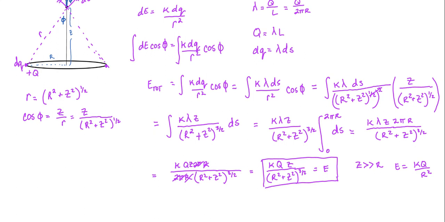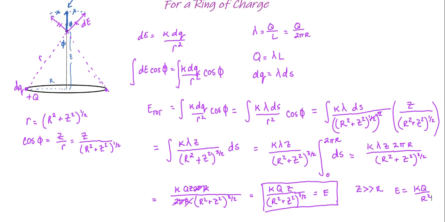So essentially, when you move really, really far away, you're really just seeing the ring as a single point, and that actually makes sense, because if you think about looking at a ring really far away, it might look like a dot because you're so far compared to the radius of the ring. Now, of course, if the radius of the ring was quite large compared to z, then this would be affected accordingly.